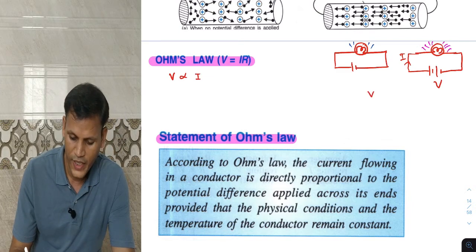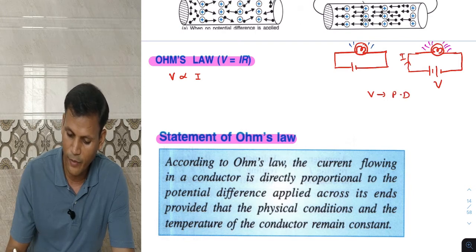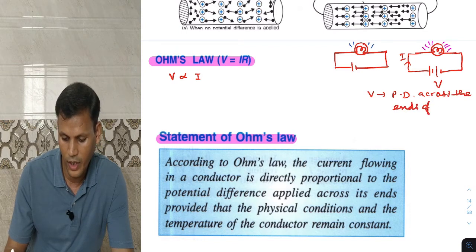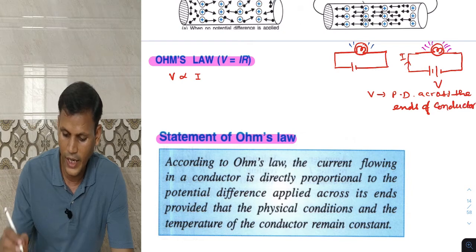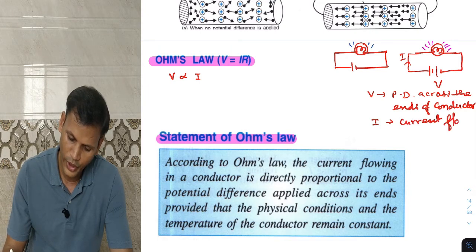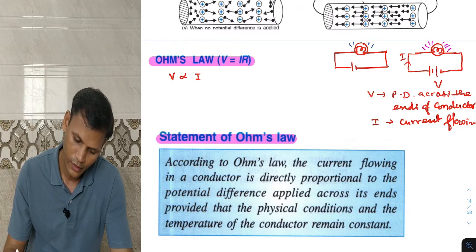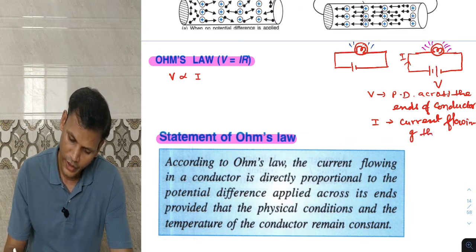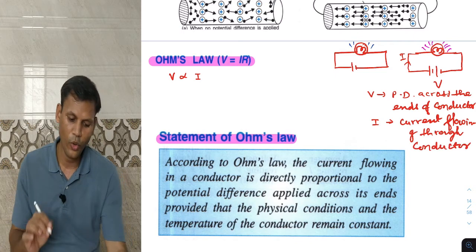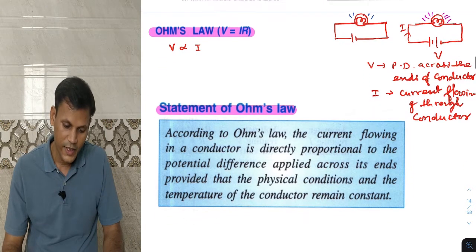V is the potential difference across the ends of the conductor, and I is the current flowing through the conductor. So Ohm's law, this is the statement.